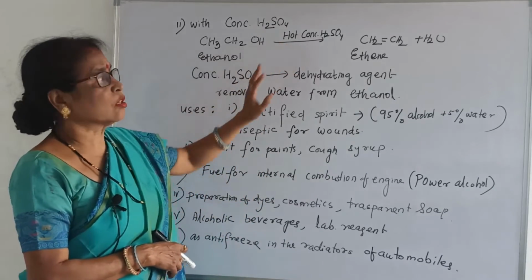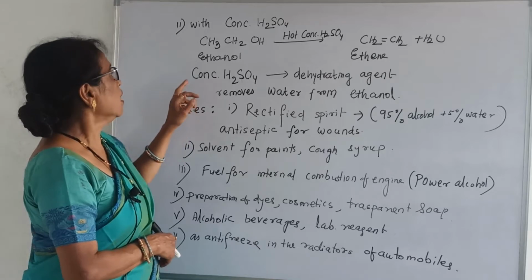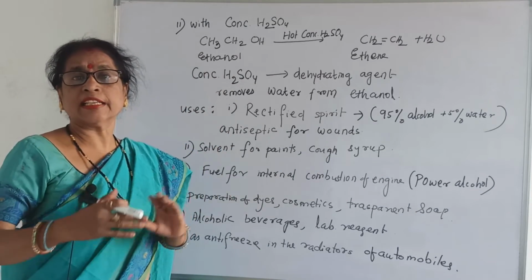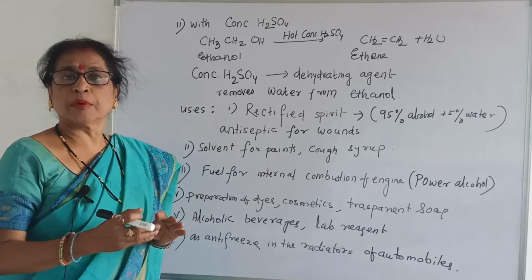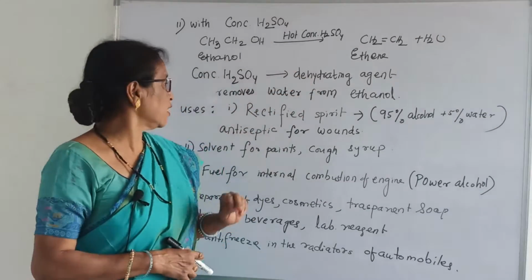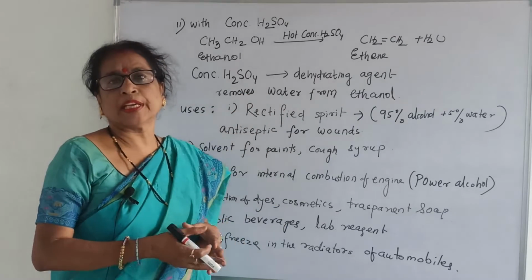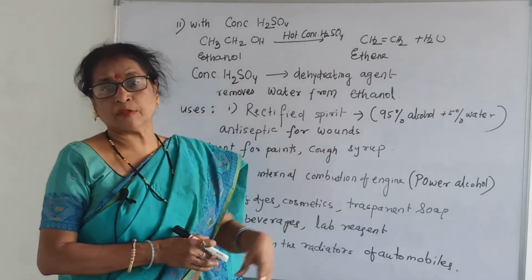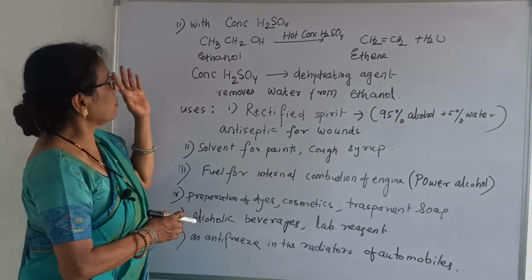Here you will use hot concentrated sulfuric acid. Concentrated sulfuric acid is called a dehydrating agent. Dehydrating means water removal. So concentrated sulfuric acid, a dehydrating agent, removes water from ethanol. This is a very important reaction.